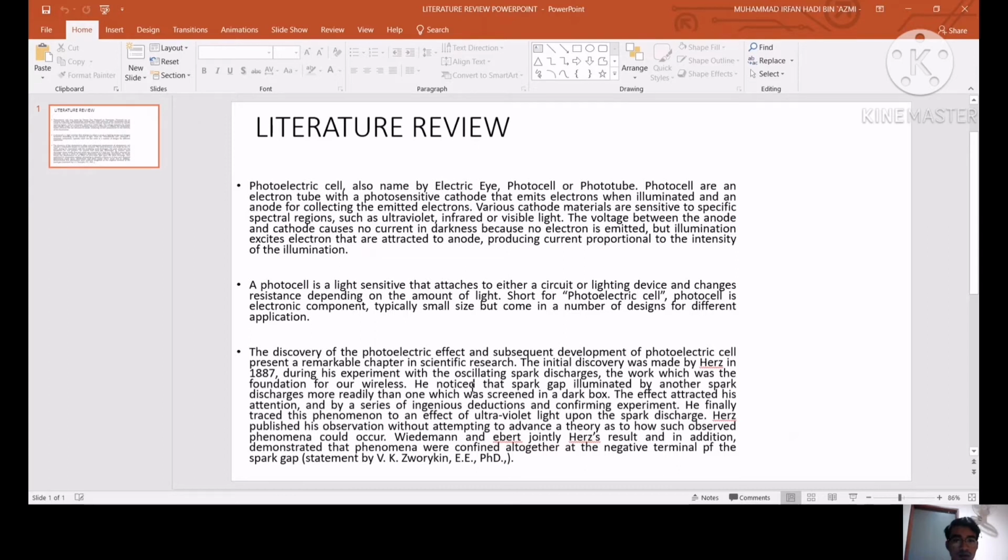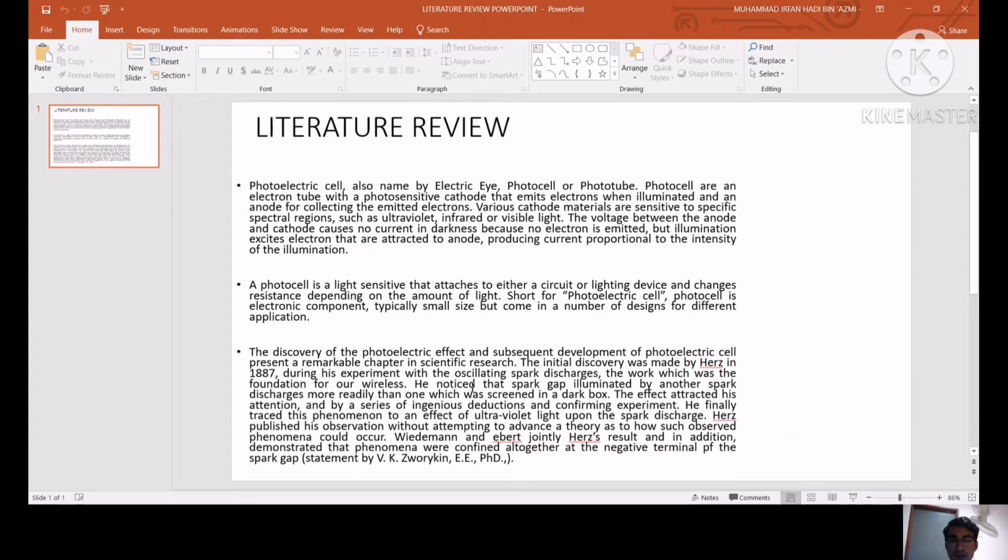The discovery of the photoelectric effect and subsequent development of the photoelectric cell present a remarkable chapter in scientific research.